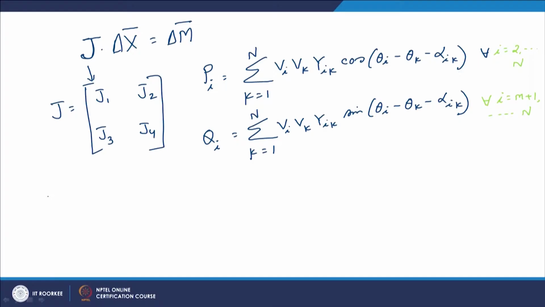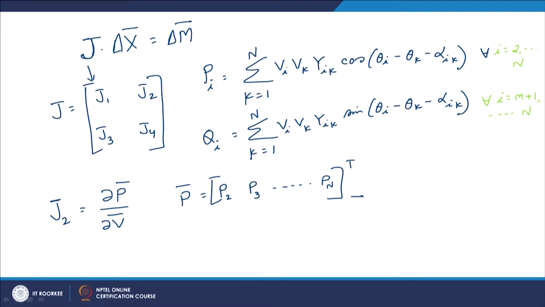Now, we have also seen that the J2 matrix is given by del P by del V, where P is a vector, V is a vector, where vector P is given by P2, P3, up to Pn transpose.